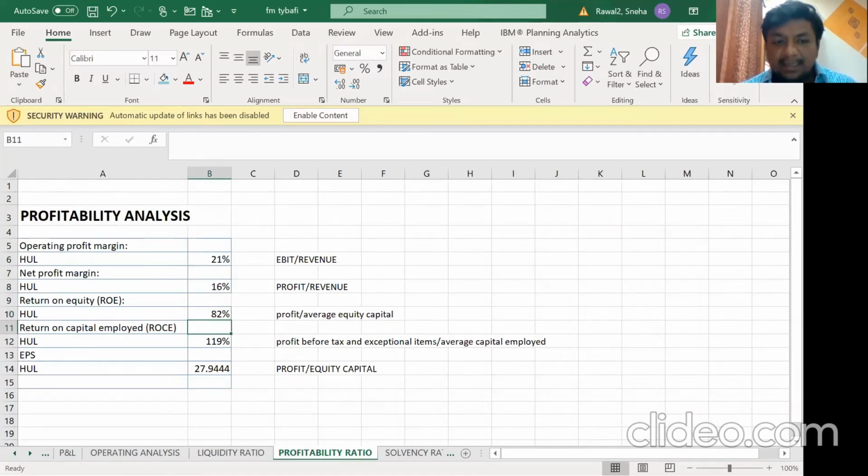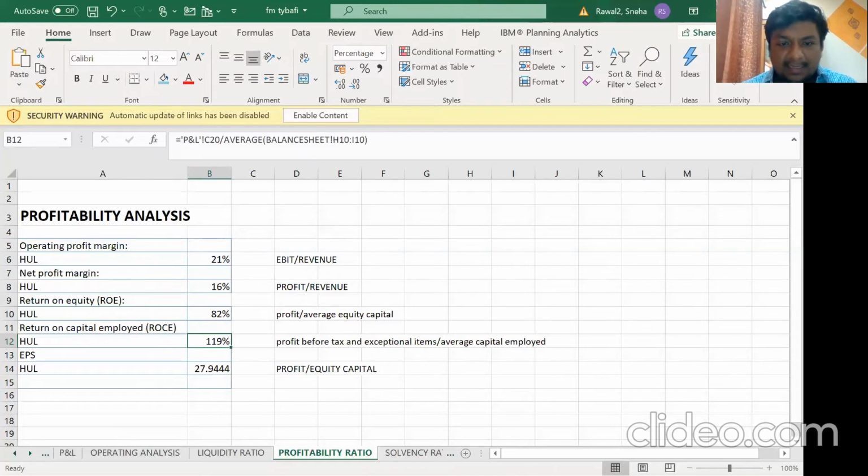Okay, the next one is return on capital employed. Return on capital employed, the formula is profit before tax and exceptional items divided by average capital employed. In this case, there are no debts, hence the equity capital is the same as capital employed.